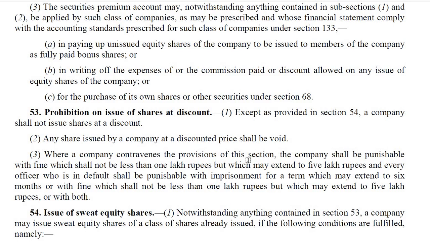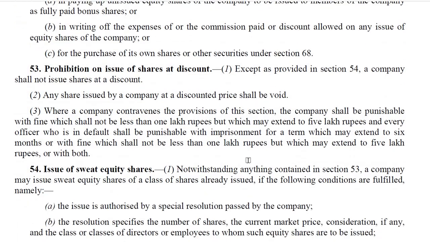In paying up unissued equity shares of the company to be issued to members of the company as fully paid bonus shares, or in writing off the expenses of or the commission paid or discount allowed on any issue of equity shares of the company, or for the purchase of its own shares or other securities under section 68.